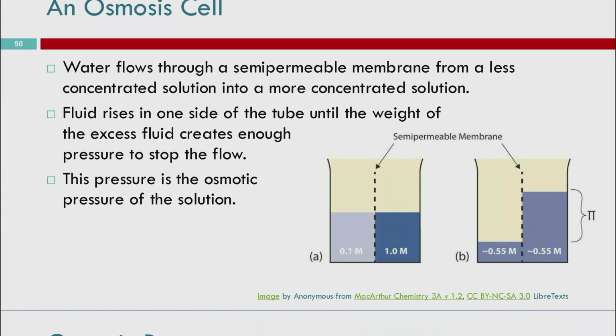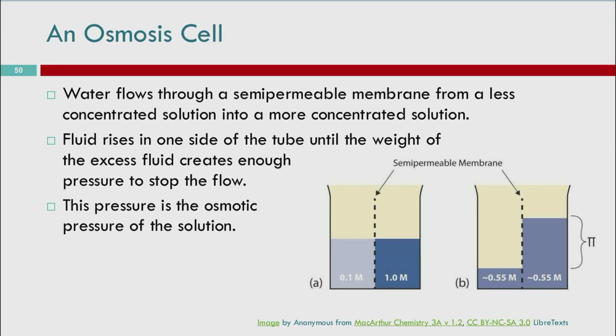And this is what an osmosis cell looks like, a container that can do osmosis. We've got it represented as a beaker with a semi-permeable membrane. The semi-permeable part means that water can pass, but the salt or the other things in the solution can't make it through. So initially, we would start with situation A. We've got a 0.1 molar solution and a 1 molar solution.